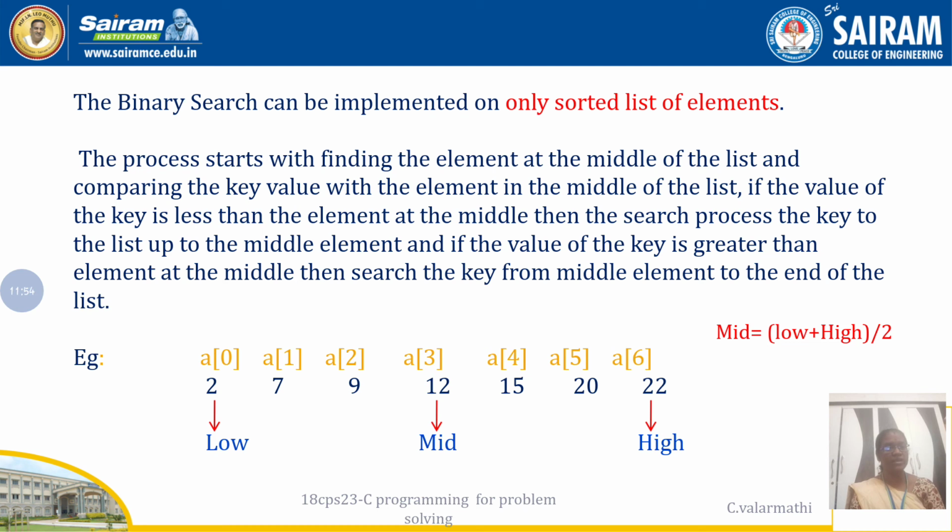A of mid is 20 and my searching element is 15, so my searching element is lesser than A of mid, which means the leftmost part should be traversed. When you traverse the leftmost part, the high value should be reinitialized. So high equals A of mid. So this traversal will happen between A of 3 and A of 5.